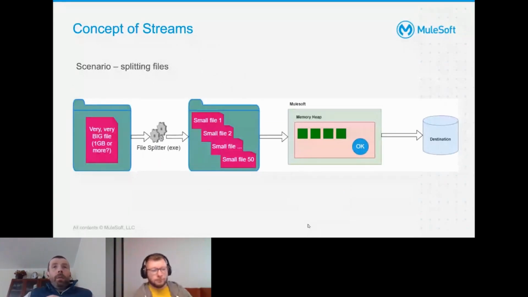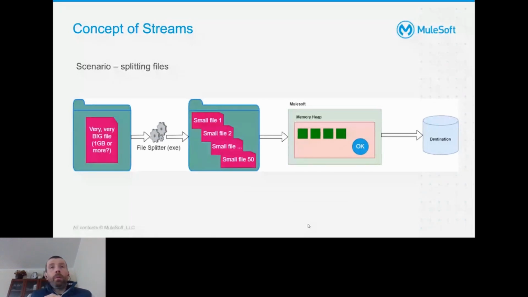This way, which is now on the screen, is very basic, but still relatively common. When we are, for example, processing large files which can be easily split, because these files are, for example, comma-separated values, then we can use some external tool. It may be custom-made, even a simple Java program, to divide the large file into smaller parts.